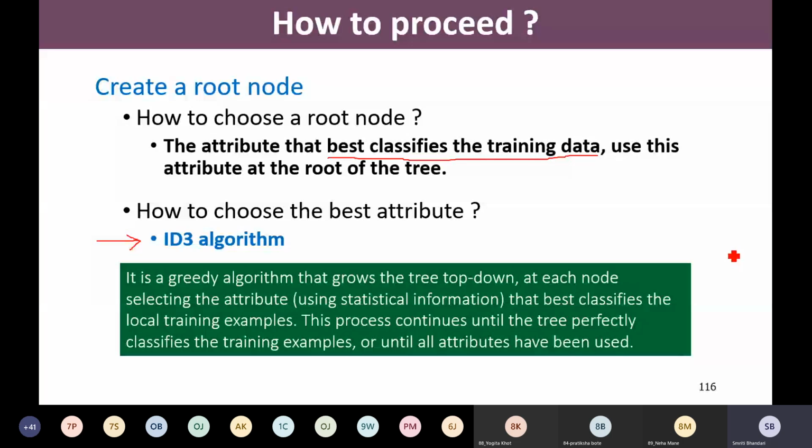We continue this process till our tree perfectly classifies the training examples, or until all the attributes in the data set have been used. So this is simply the idea of the ID3 algorithm.